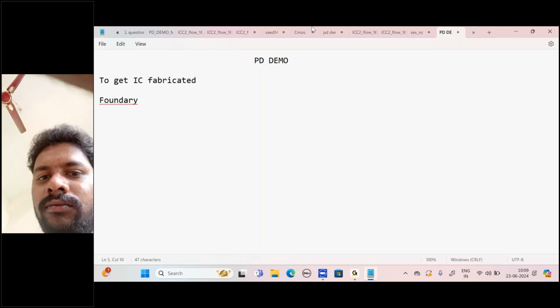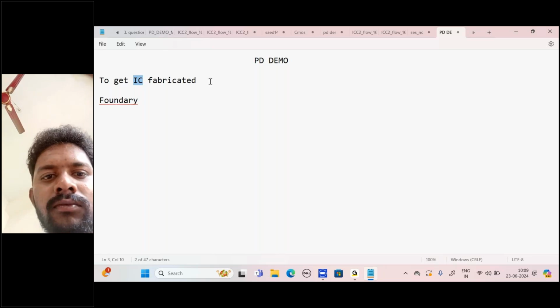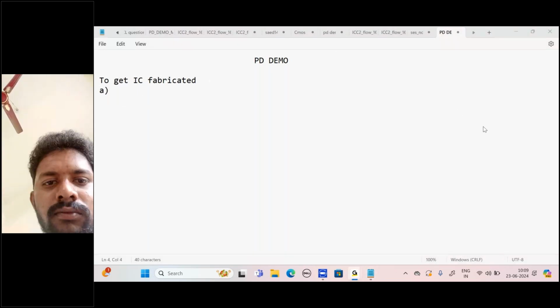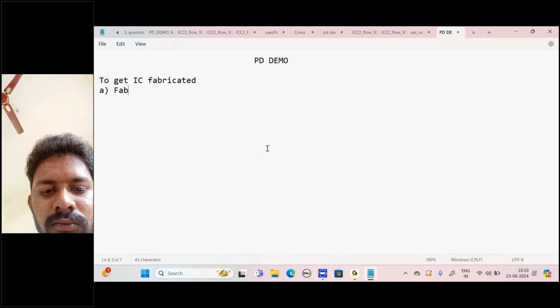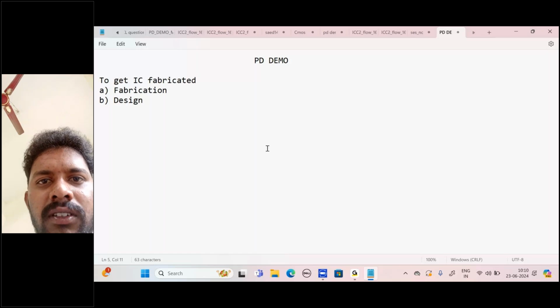So when we want to fabricate or when we want to design an IC, so when we want to get an IC in the market, there are two things. One is fabrication, another one is design. IC is fabricated and IC is what?